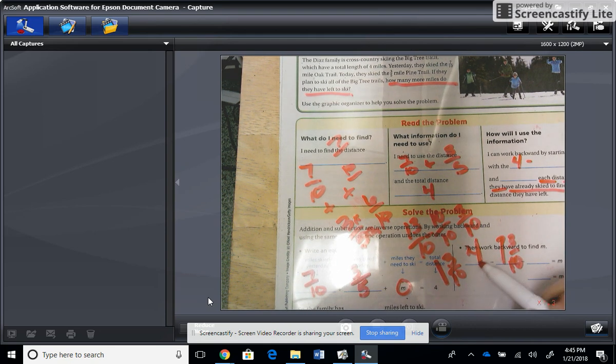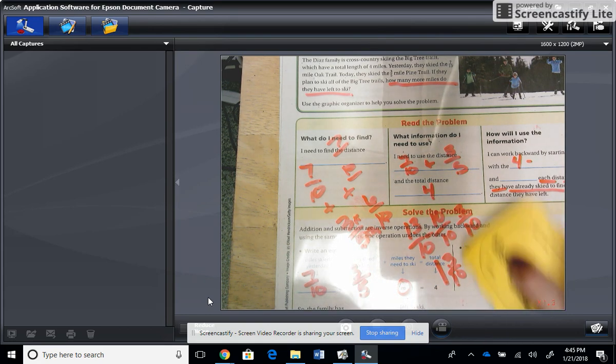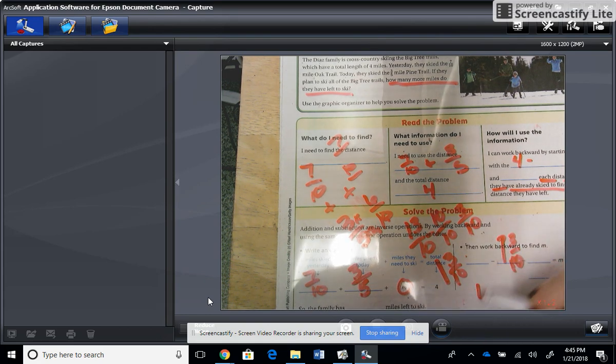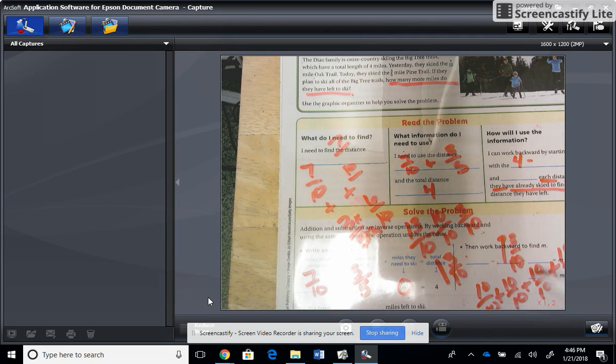So that means I'm just going to put a 10 here. 4 times 10 is 40, so 40/10, because if we did this, it would be 10/10 plus 10/10 plus 10/10 plus 10/10, because if I have 4 of them, I got 10, 20, 30, 40.